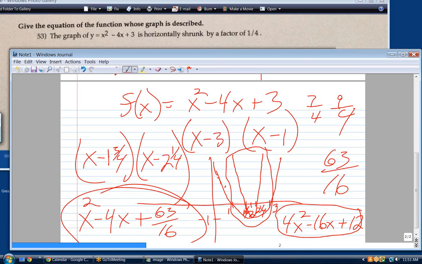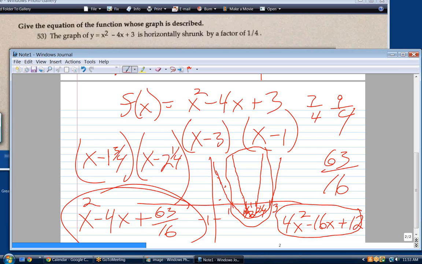Let's see, minus b would be 16 over 8, so you have the same vertex. And when x is 2, that's 16 minus 32 minus 16 plus 12, minus 4 instead of minus 1.